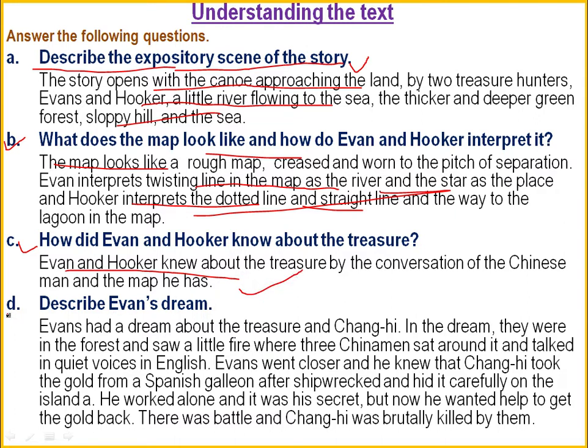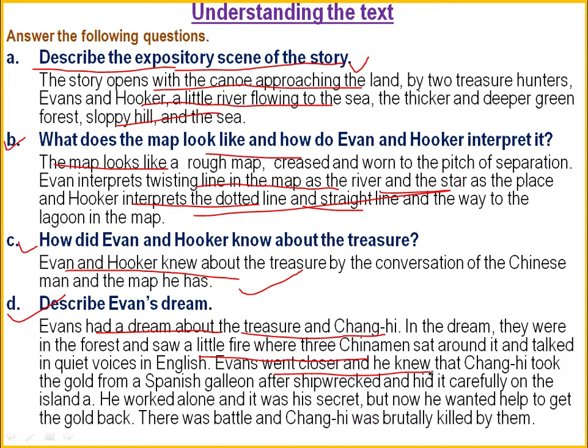Describe Ivan's dream. Ivan had a dream about the treasure and Changhi. In the dream they were in the forest. They saw a little fire where three Chinese men sat around it, and talked in quiet voices in English. Ivan went closer.